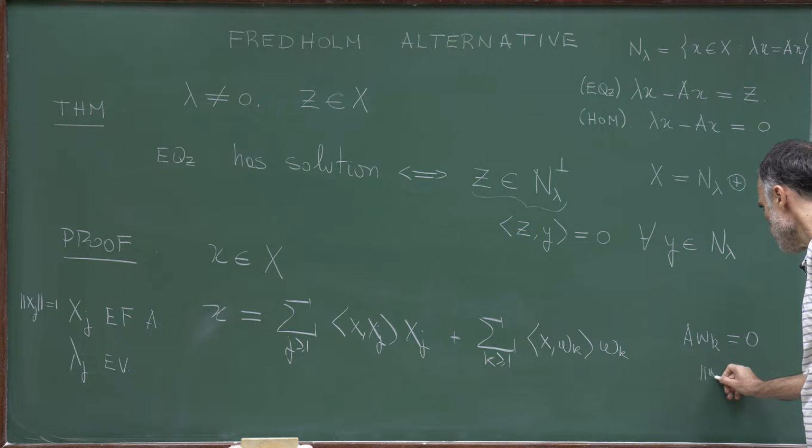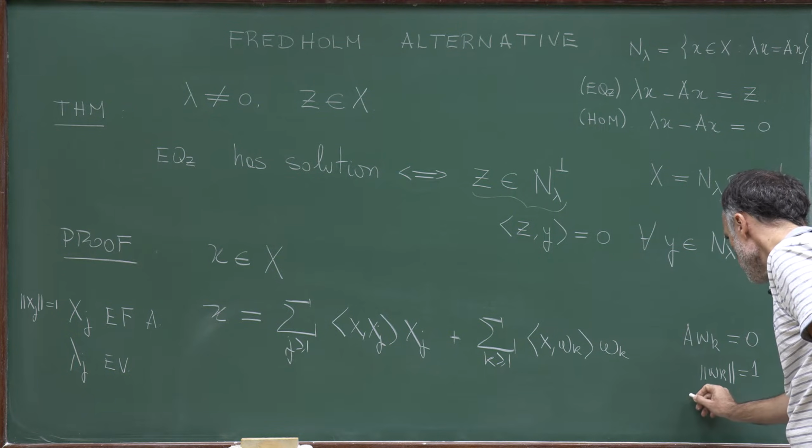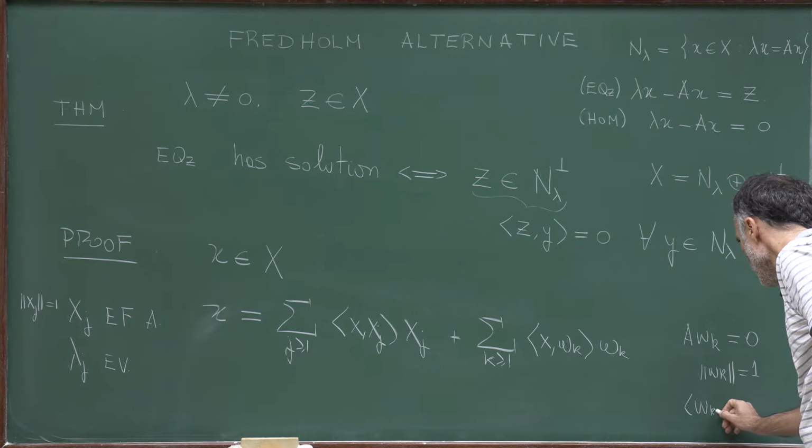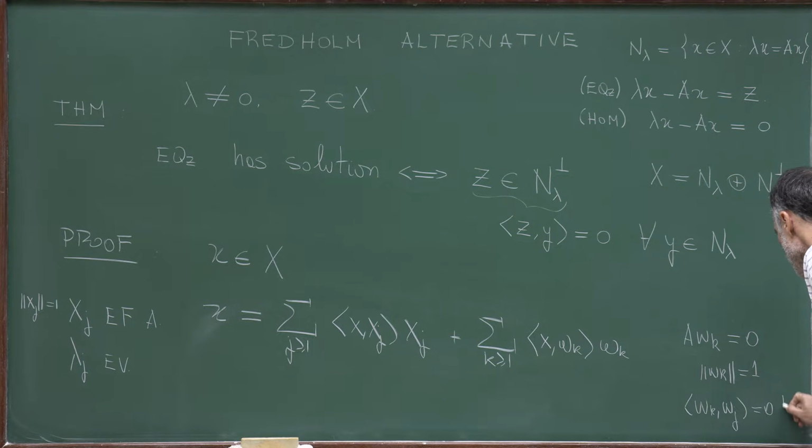They also have norm equal to 1, and they are orthogonal among themselves. So the inner product of wk and wj is equal to 0 if k is different from j.